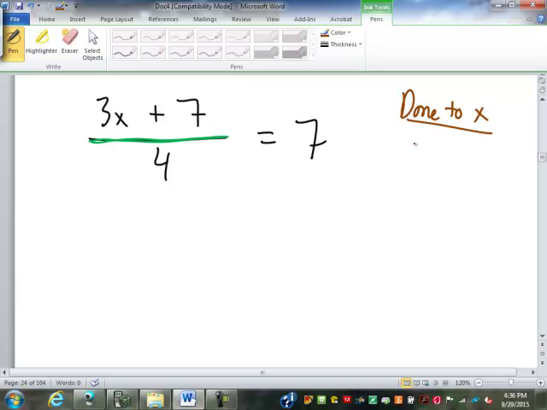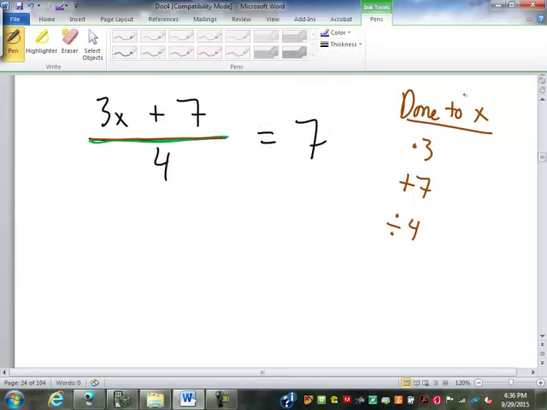So here x was multiplied by 3, then 7 was added to it, then that whole works was divided by 4. Remember, the fraction bar says you've got to do everything on top first, everything on bottom, and then divide.